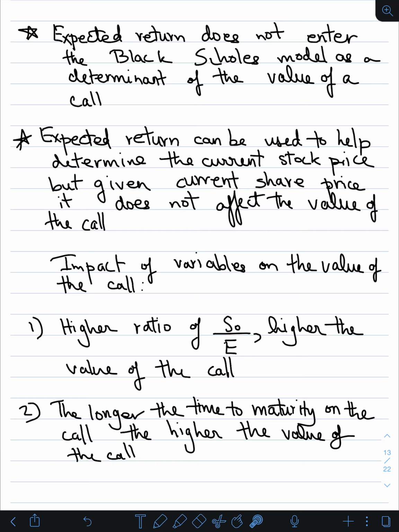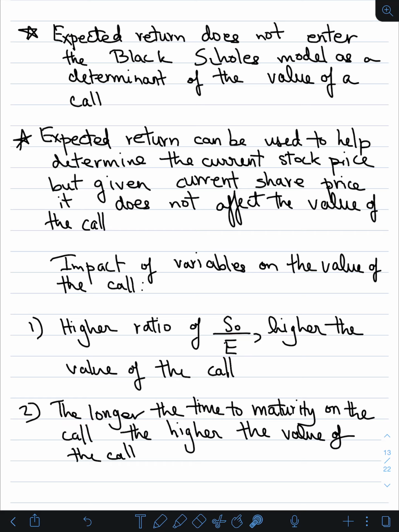The other one says the longer the time to maturity on the call, the higher is the value of the call. The longer time that you have until the option matures, the more time the stock has to change its price. The more time there is for that stock price to cross over the threshold of the exercise price to make it exercisable.